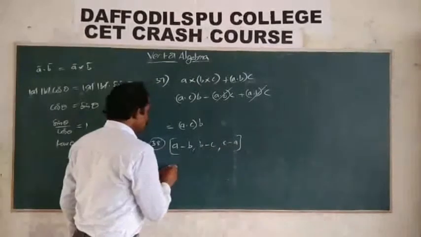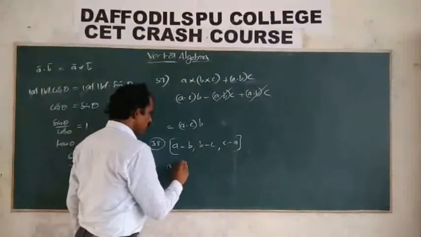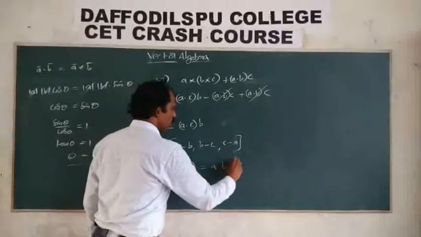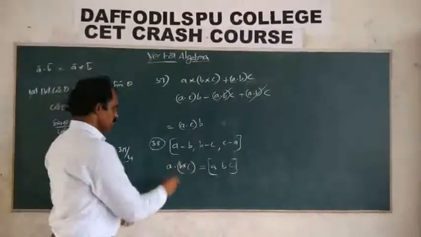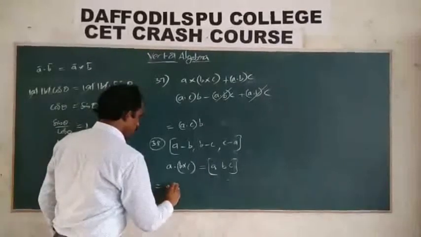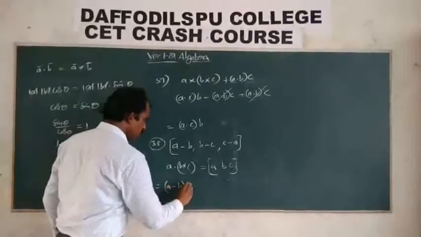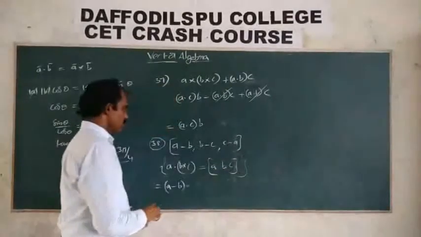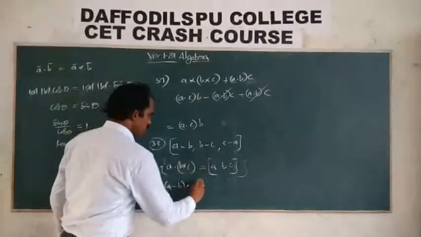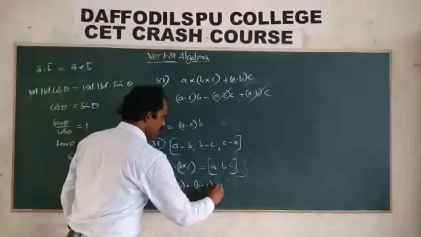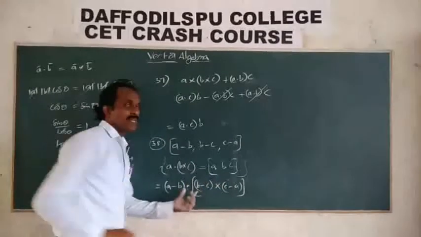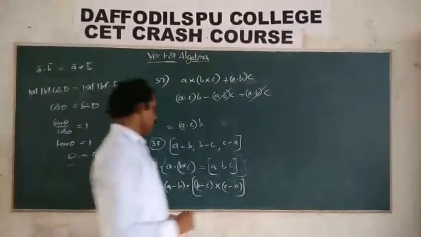We know the scalar triple product A dot B cross C is equal to the box of A, B, C. This can also be written as A minus B dot B minus C cross C minus A. This type of problem is also in the supplementary material, so look at this one.